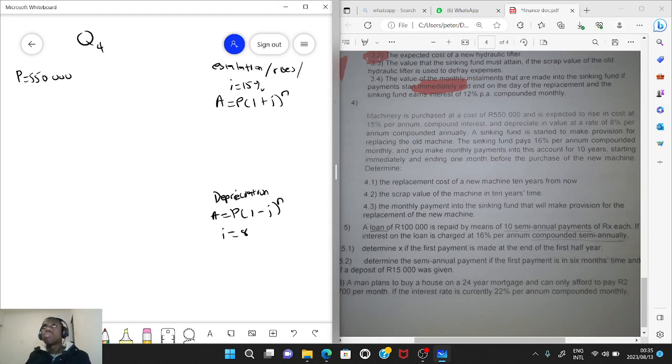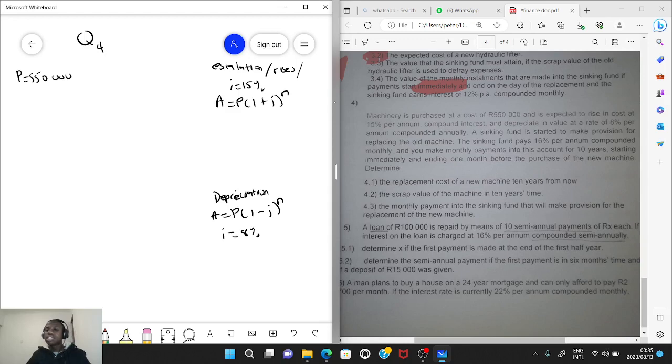They said compounded annually, so we have a 1, and dividing by 1 or multiplying by 1 will not have any effect. That's why I'm just writing my 8%. I'm not dividing by 1 because it has no effect per annum.